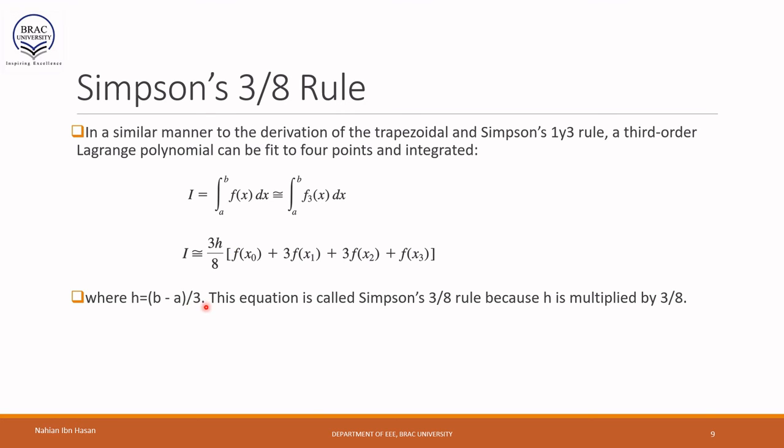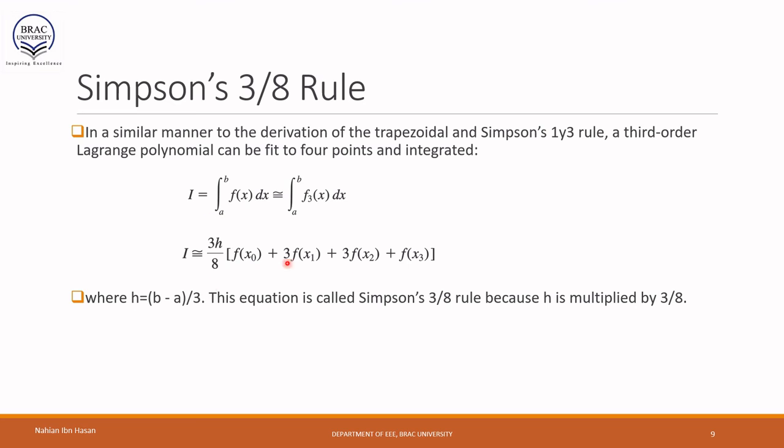Now why are we dividing by 3? Because we are fitting a third order polynomial, and to fit a third order polynomial we need 4 data points within a segment, and with 4 data points we will have 3 inner subsections. That's why we use the factor 3 here. So h is the average width of each segment.